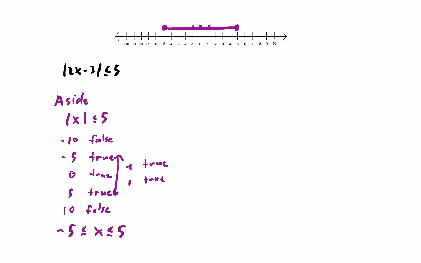We need to have something similar when we work through the original problem. So if we have the absolute value being less than a number like 5, then we know that -5 should be less than or equal to 2x minus 3, which must be less than or equal to 5.